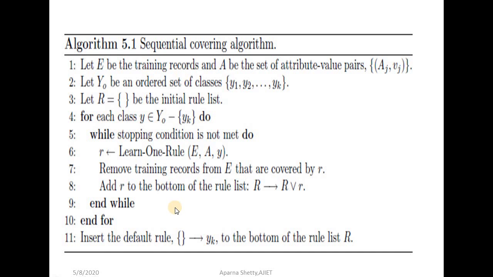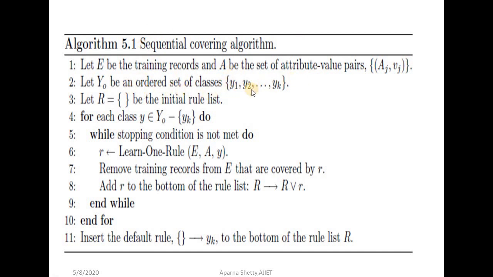We will see this sequential covering algorithm. Step 1 is let E be the training records and A be the set of attribute value pairs. So E is the set of training records and A is the set of attribute value pairs. Let Y0 to YK be an ordered set of classes.